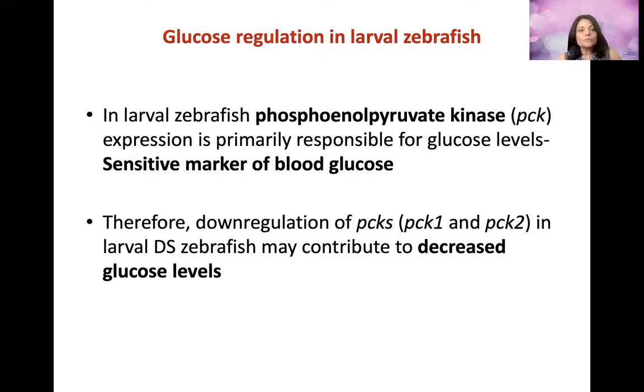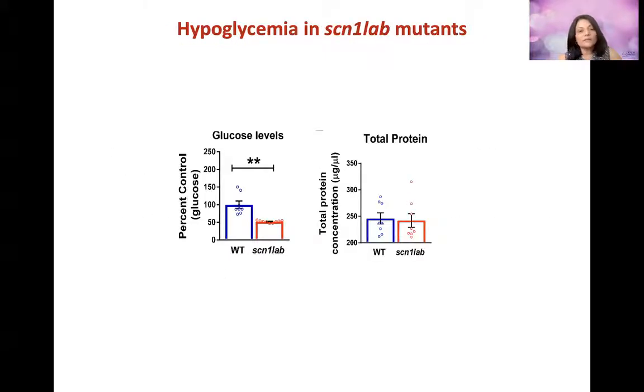So we went on to measure glucose levels in the zebrafish, the wild type, and the SCN1LAB mutants. And what we found was there was a significant decrease in absolute glucose concentrations in the larval DS zebrafish. Now, one thing to remember is that this was done in the whole embryos.